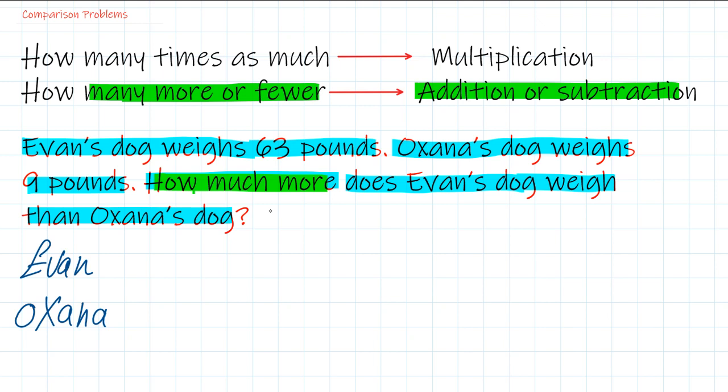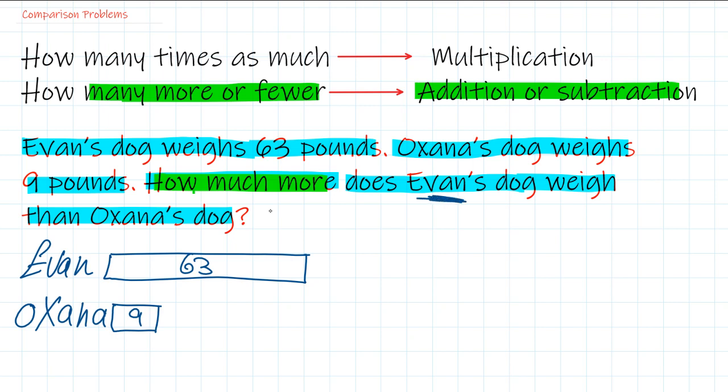Okay, let's model it here. Ivan's will be a big block with 63, and Oksana a small block with 9. He asked about how much more Ivan's dog weighs than Oksana's dog, so he asked about this empty area.